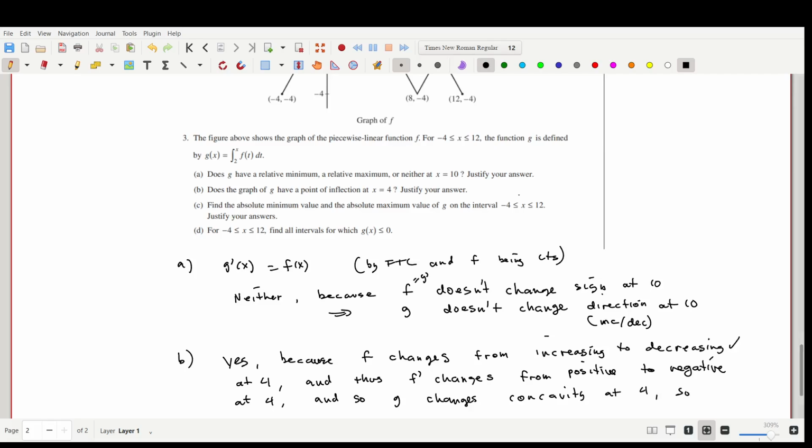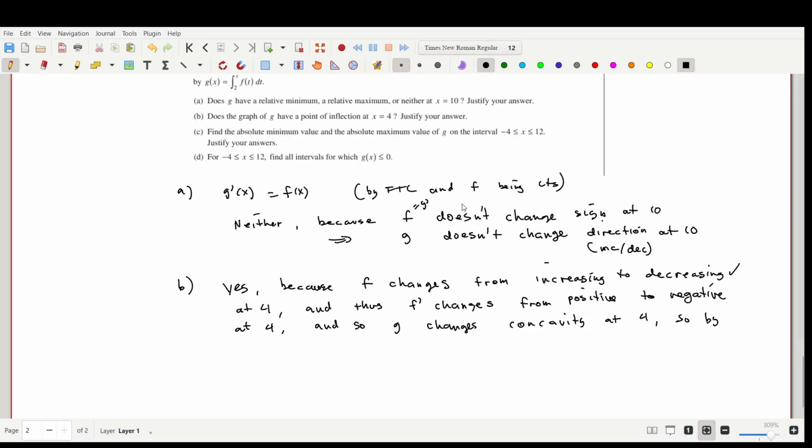So by definition, because the definition of a point of inflection is usually a change in concavity, G has a point of inflection. And I know I'm super wordy. I might also say, remember that F is G prime and F prime is G double prime.